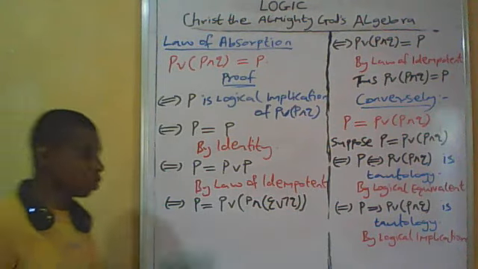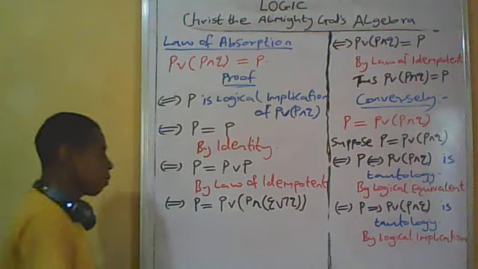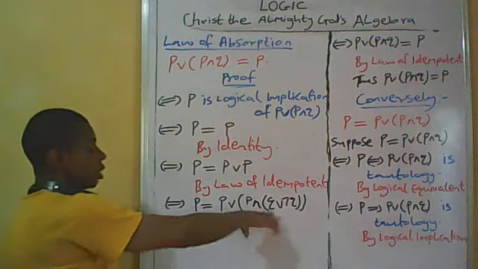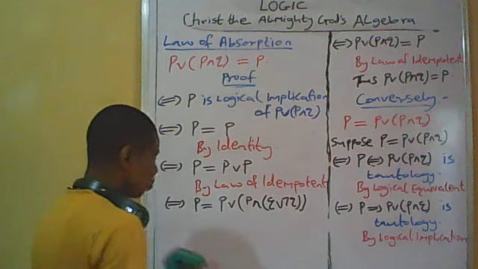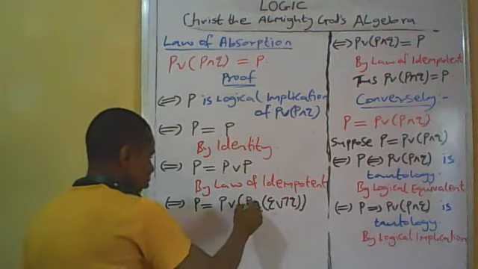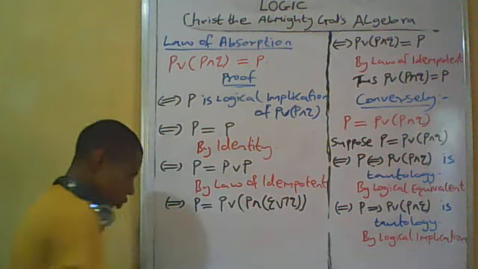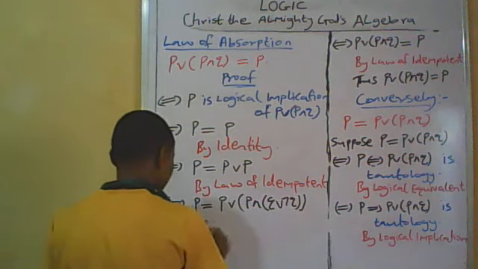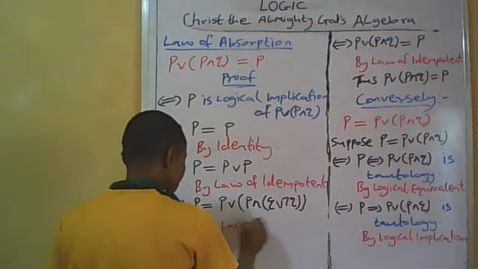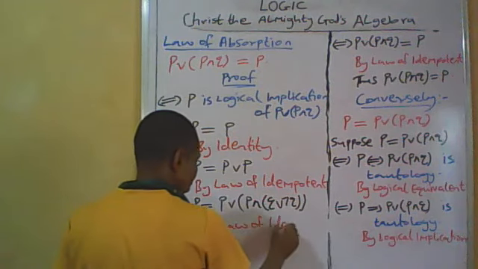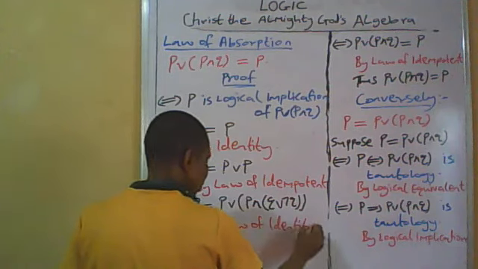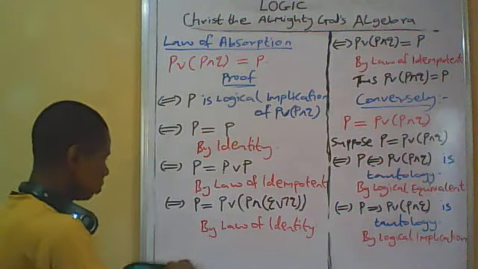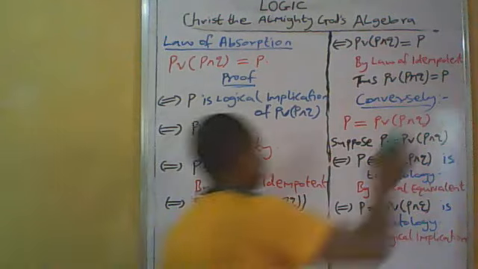So it's being justified by the law of identity. It is through the law of identity that we AND this P with a tautology, with Q or not Q. Let's continue to this side.